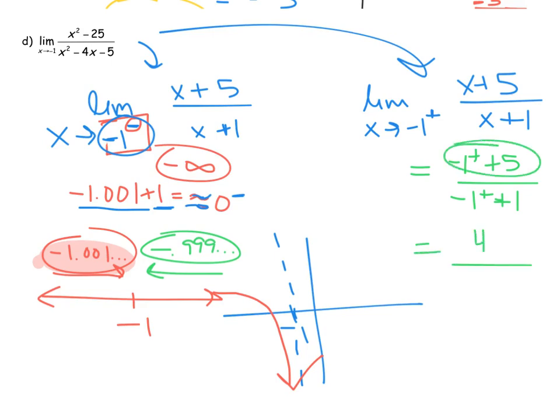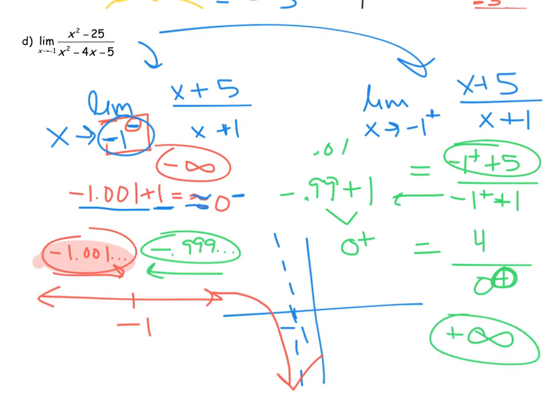For the denominator, for example, negative 0.99 plus 1 is approximately 0, and it's a positive 0, because the difference would be 0.01, a positive number. So 4 over 0 from the right is always going to go towards infinity, and because it's a positive 0, this is going towards positive infinity. So this is what my graph would look like as I approach negative 1 from the right.